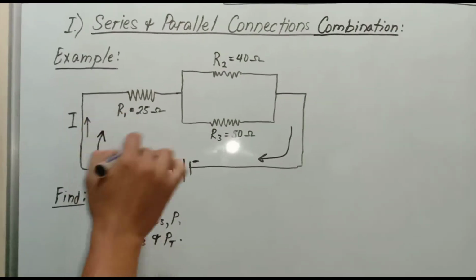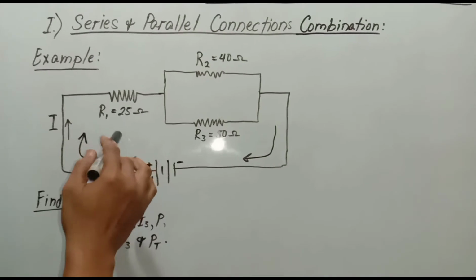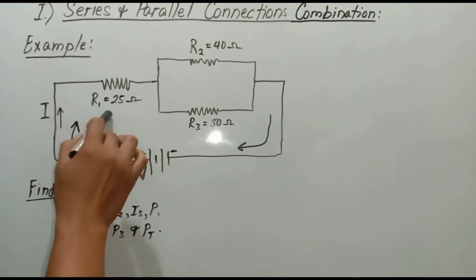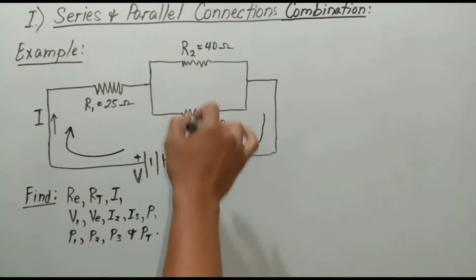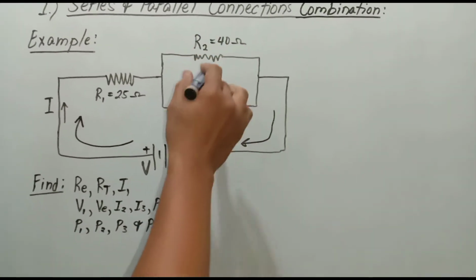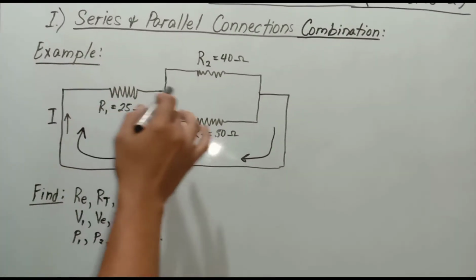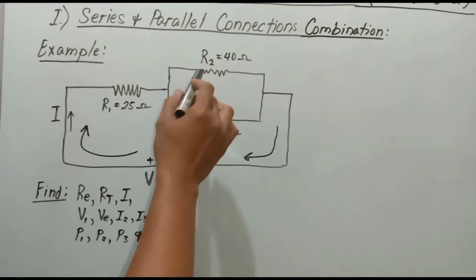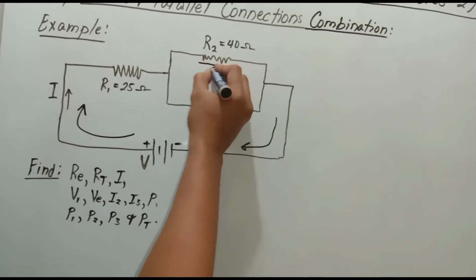And the voltage drop across resistor R1, and then the equivalent voltage for these two resistors. Also, we need to find the current flowing across resistor R2.